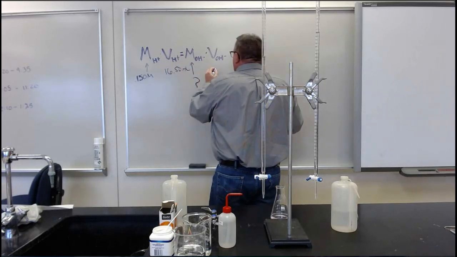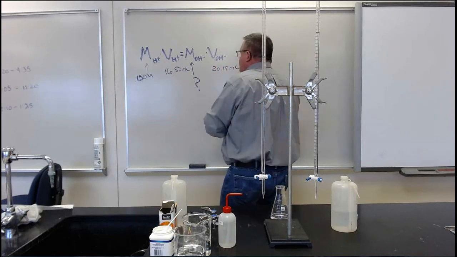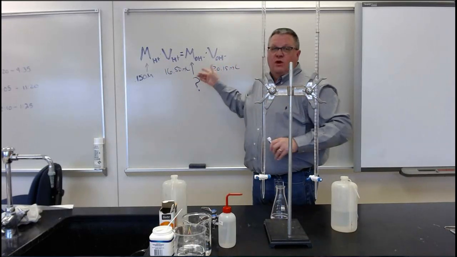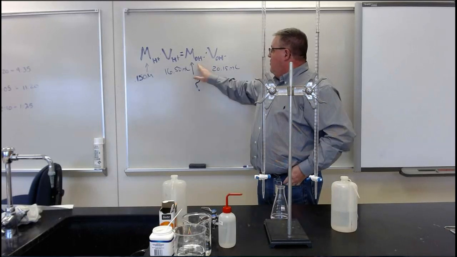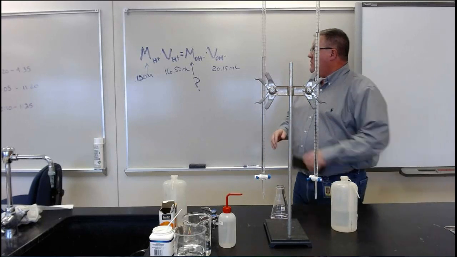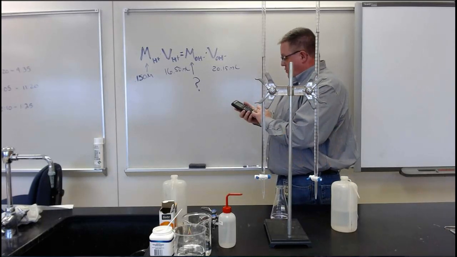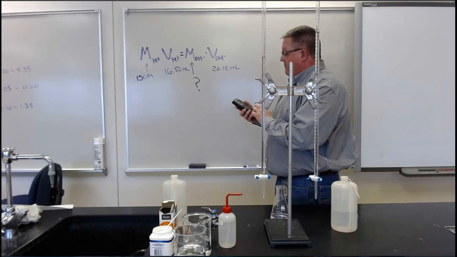of acid, and we used 20.15 milliliters of base. And we can just rearrange this equation now and solve for M OH minus. Okay, when I do that, I'll get my concentration of my base. So it is 0.15 times 16.50 divided by 20.150.